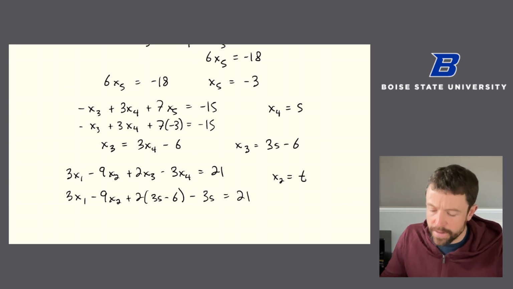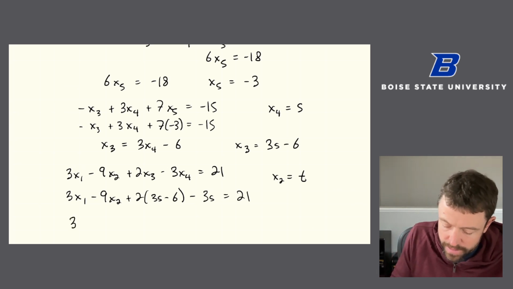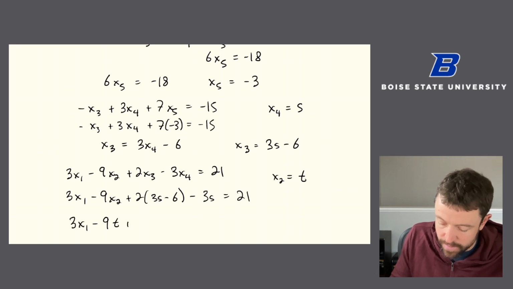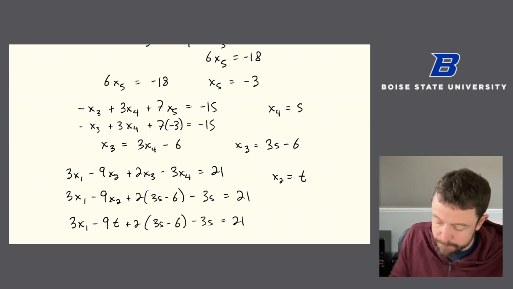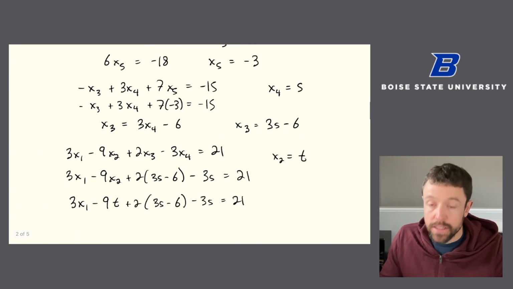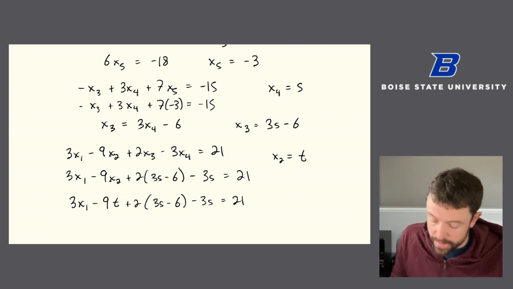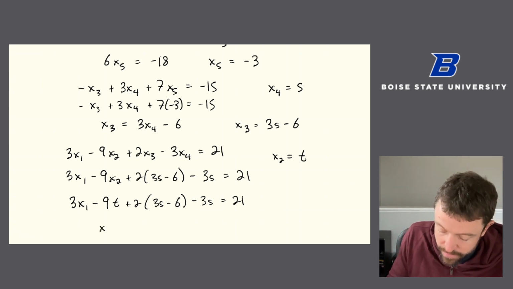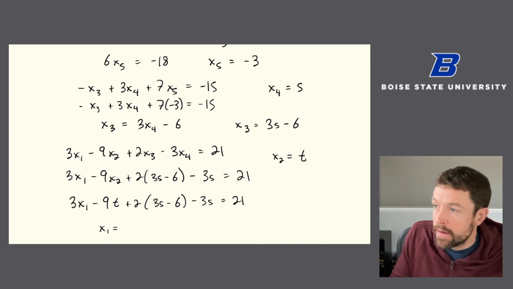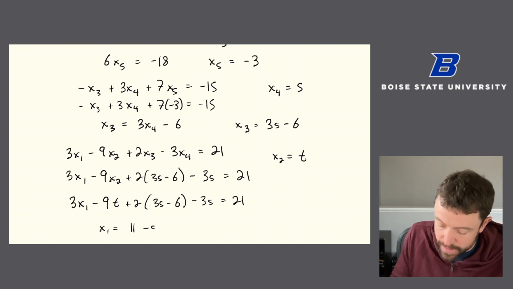But x2 can be anything. And if I plug this in and I solve for x1, I end up getting that x1 is 11 minus s plus 3t.